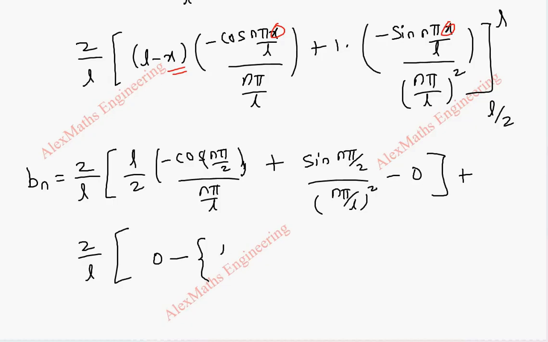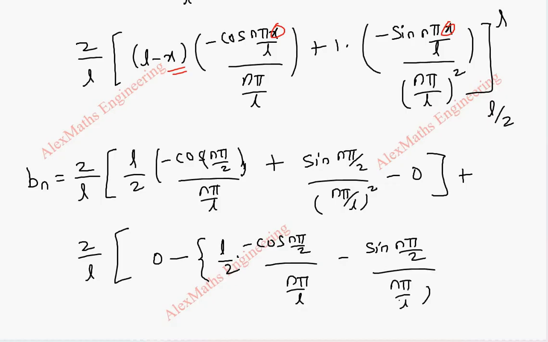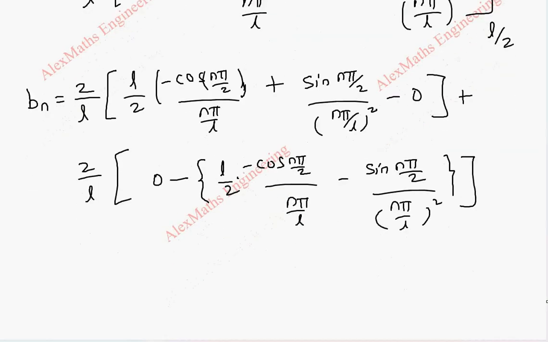So L minus L by 2 is L by 2 into minus cos n pi by 2 by n pi by L. Then here it is minus sin n pi by 2 by n pi by L whole square, where the L's get cancelled. So all the limit substitution is completed.